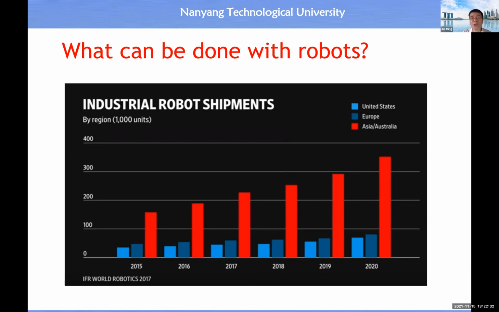You will see this trend is growing, and this trend will be further accelerated by Industry 4.0 or by the new trend of achieving robot integrated manufacturing. So therefore, you understand that a lot of things could be done by robot.